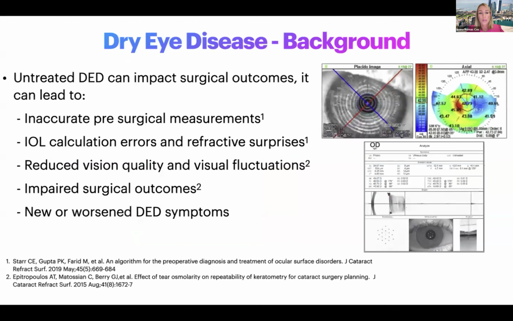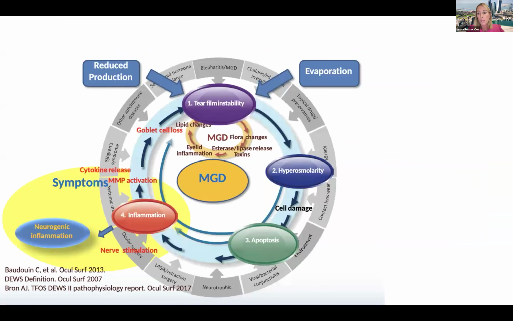Also, it can adversely affect the outcomes of ocular surgery. So untreated dry eye disease can lead to inaccurate pre-surgical measurements. We can have IOL calculation errors, refractive surprises, reduced quality of vision, visual fluctuation, and worsening of dry eye symptoms postoperatively. The pathophysiology of the disease is complex, and in the last 2 decades, many new concepts and definitions have been proposed in order to assist in explaining this complex pathophysiology.